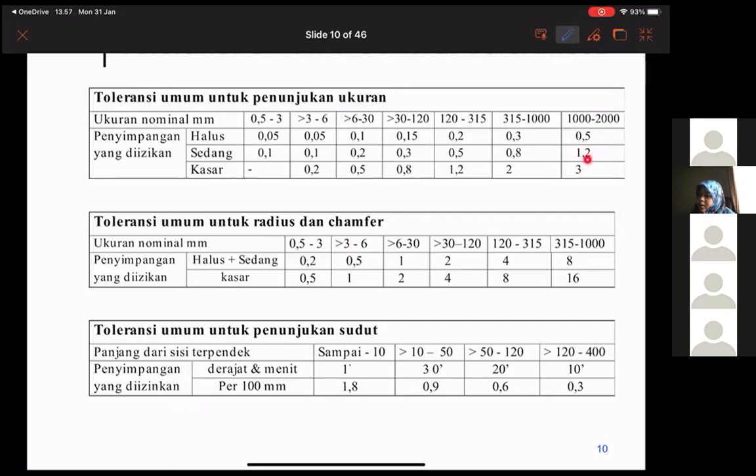However, when we have a smaller nominal size for the measurement, penunjukan ukuran, the tolerance would be lower as well.